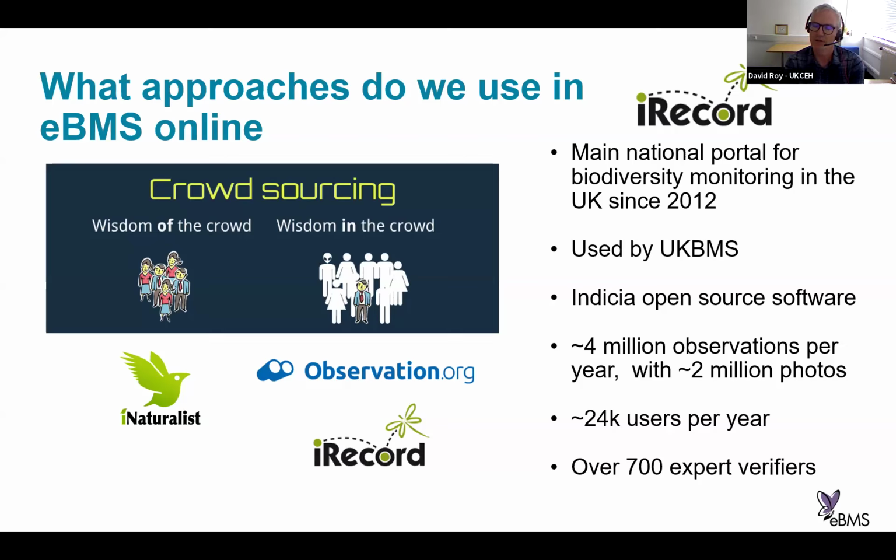So it's supporting a large endeavor and a lot of users, around 24,000 submitting data. We work with around 700 experts who are the wisdom in the crowd, who in the UK context, in iRecord, support the review of data from all sorts of taxonomic groups: plants, insects, vertebrates, etc.